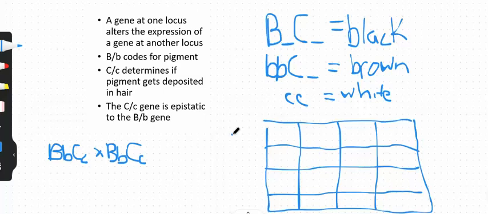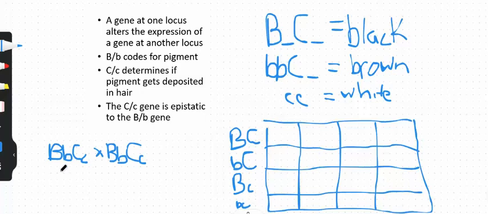So I'm just going to go ahead and write the gametes down both axes of this square. They could have big B and big C in their gametes. They could have little b and big C. They could have a big B and a little c, or they could have a little b and a little c.